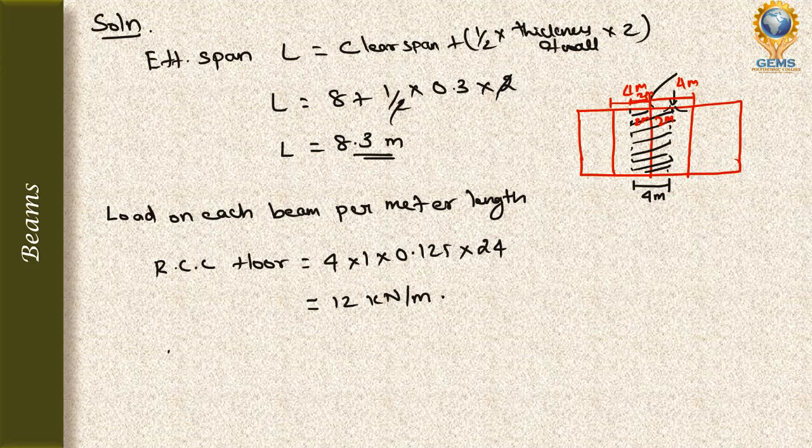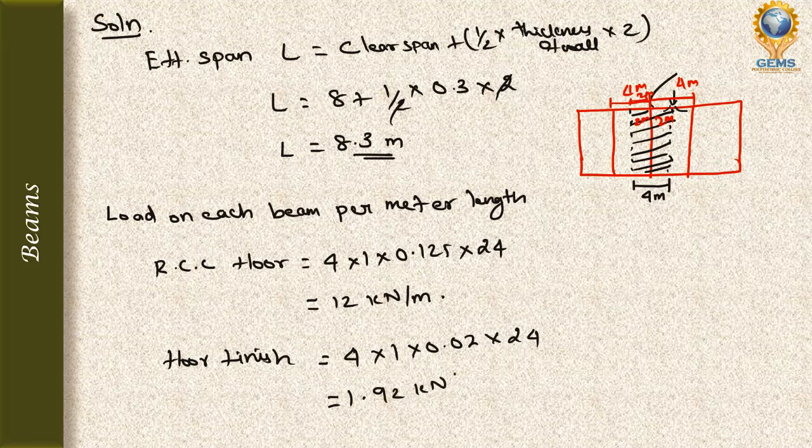Second is the floor finish. Due to the floor finish, same 4 meter into 1 meter length into thickness 20 mm, that is 0.02, into 24. It comes to 1.92 kilonewton per meter. Next is the live load.